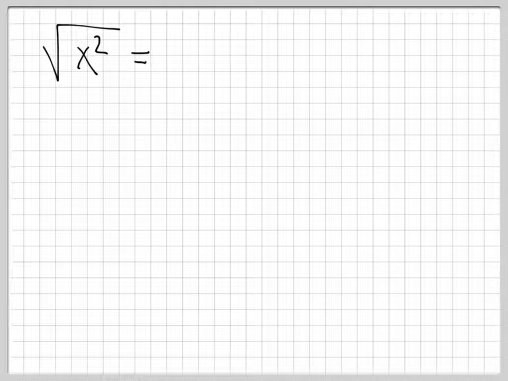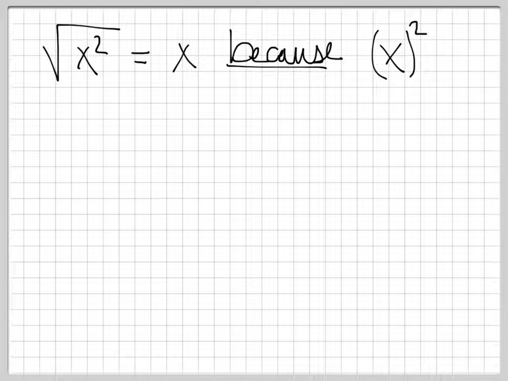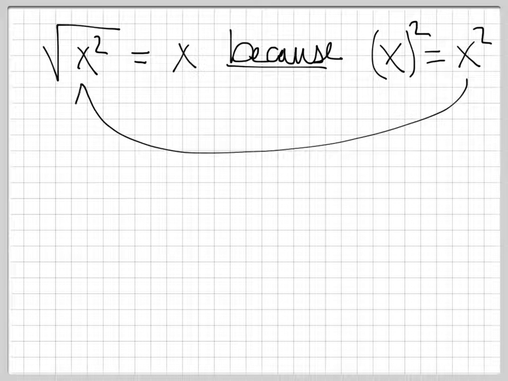Let's go ahead and look at what happens when we have more than one letter. So suppose we have the square root of x squared. We're going to write x because, now look at this, because x squared is what's under, right? This is x squared under there.